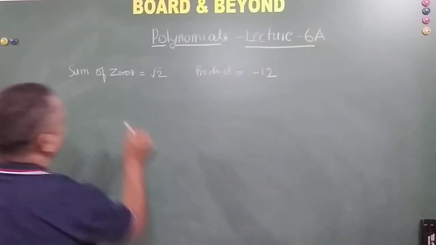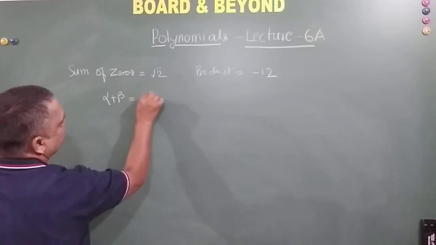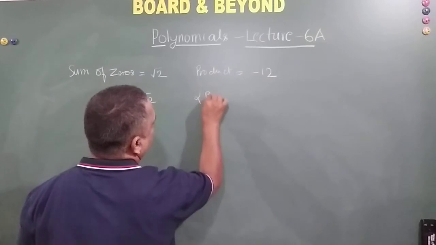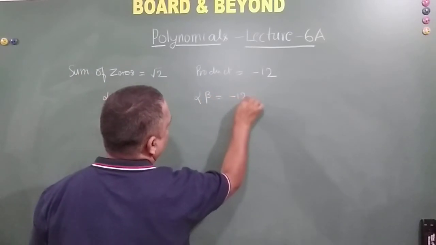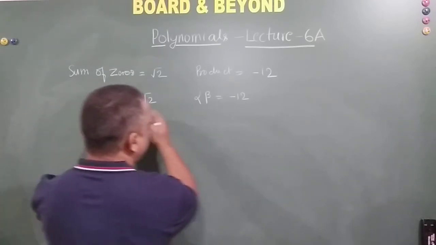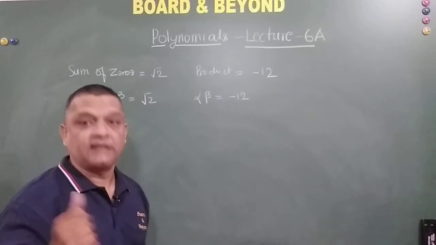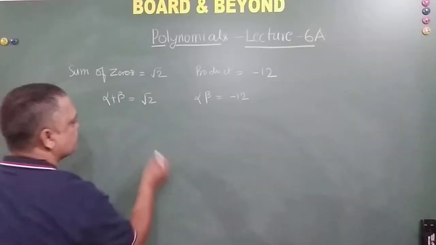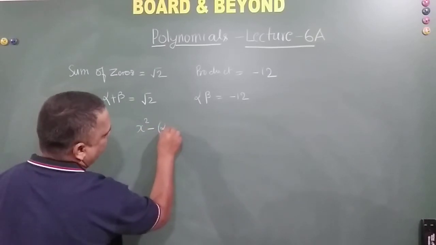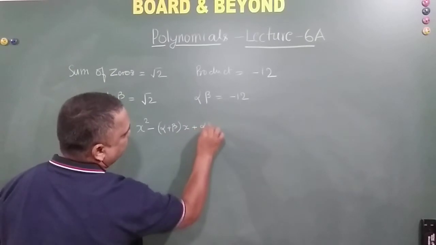Okay. Now, so sum of the zeros, that is alpha plus beta, is equal to root 2. Alpha beta is equal to minus 12. Right friends? So now, knowing these two, can we formulate the quadratic equation? Yes, we can do that. What is the standard form of a quadratic equation? x square minus (alpha plus beta) x plus alpha beta.